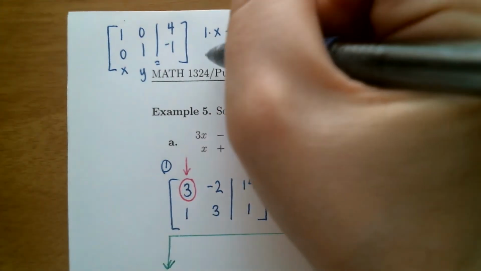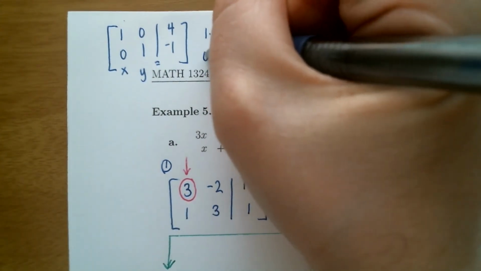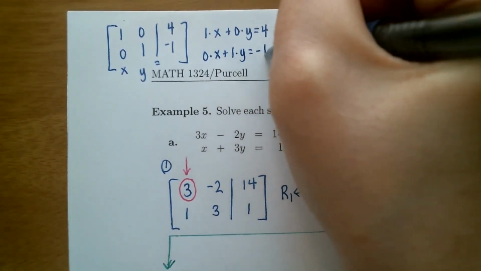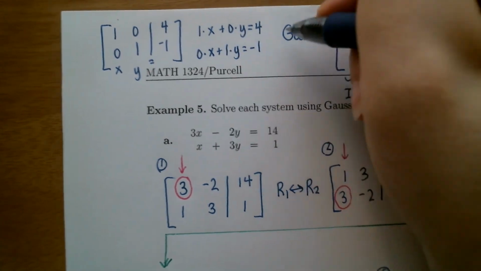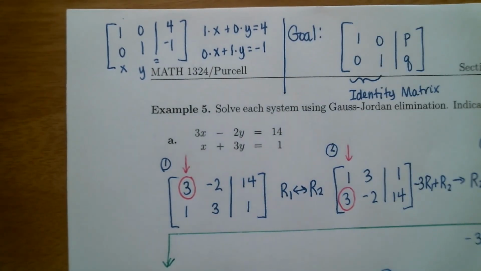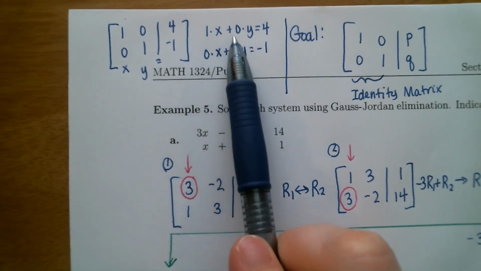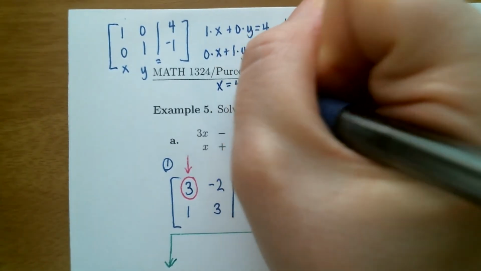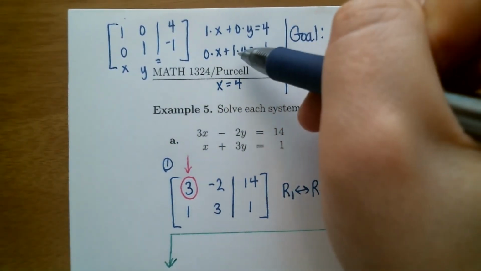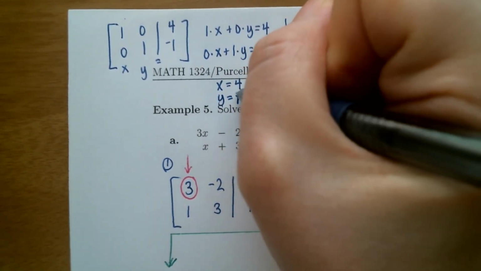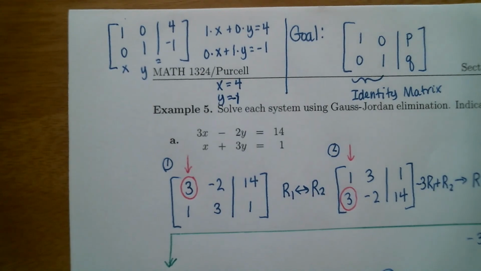The second one would be 0 times x plus 1 times y is equal to -1. If you simplify, the first equation tells me x plus 0 equals 4, so x equals 4. The second equation simplifies to 0 plus y equals -1. So there is your solution to the system.